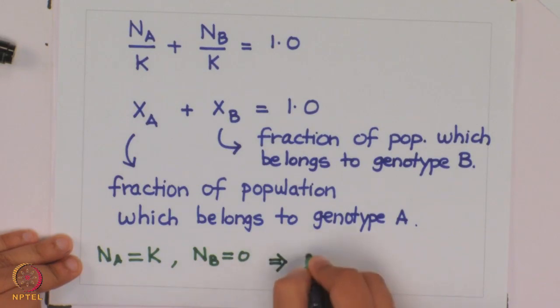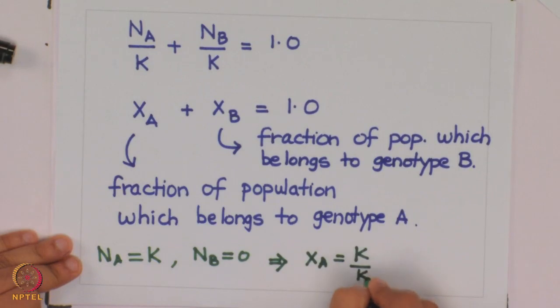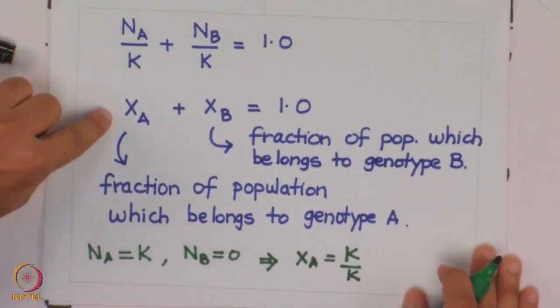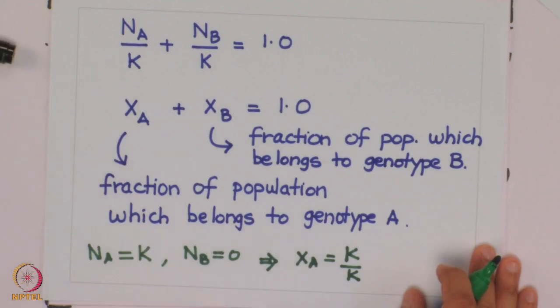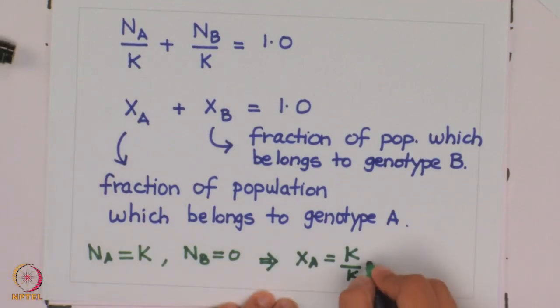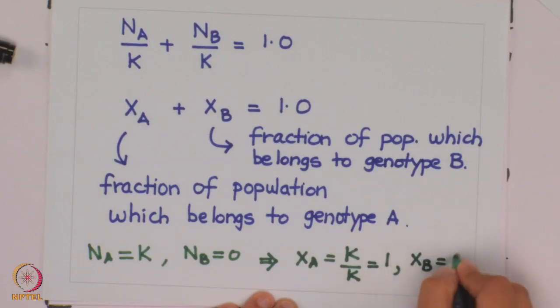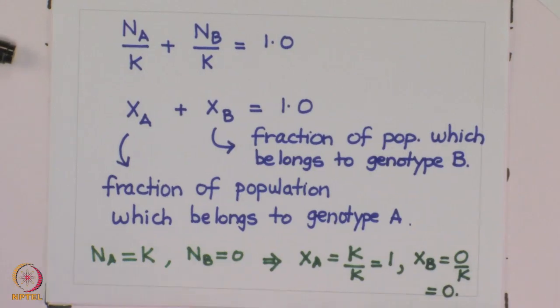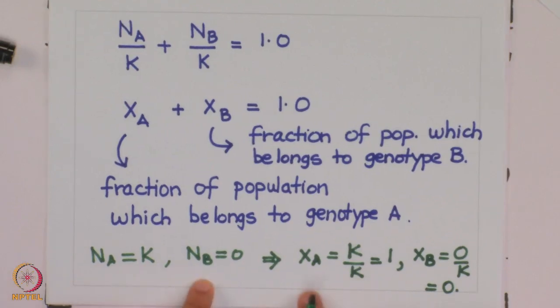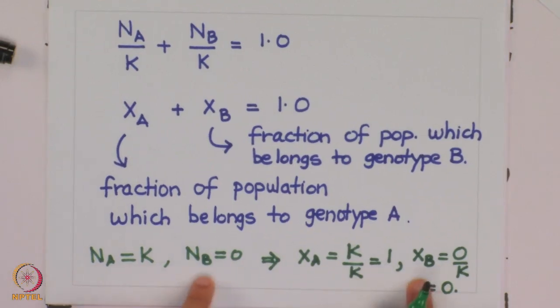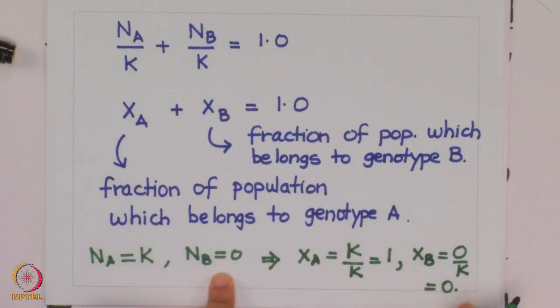In such a situation, Xa will be K upon K. Remember, Xa is defined as Na divided by K. So, Xa is equal to K by K, which is 1, and Xb will be 0 by K, which is 0. So, the fraction of population which belongs to genotype A in such a scenario is equal to 1, and the fraction which belongs to genotype B is equal to 0.